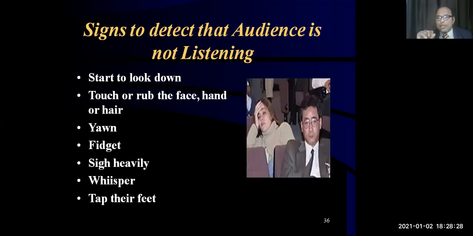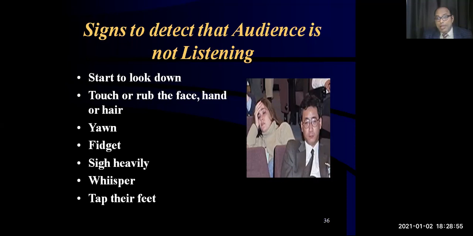Signs to detect that the audience is not listening. How can you come to know that your audience is not listening? They start to look down. They're not looking at you. They're touching or rubbing the face or hand or hair. Somebody is yawning. Somebody is fidgeting, playing with something. Somebody is sighing heavily.